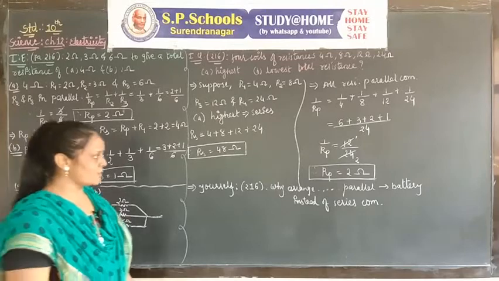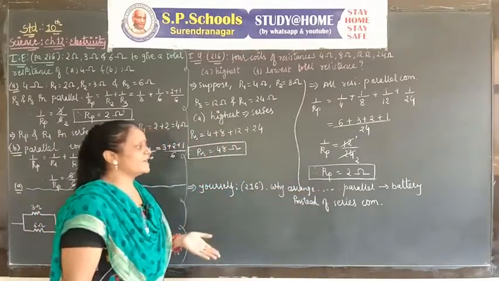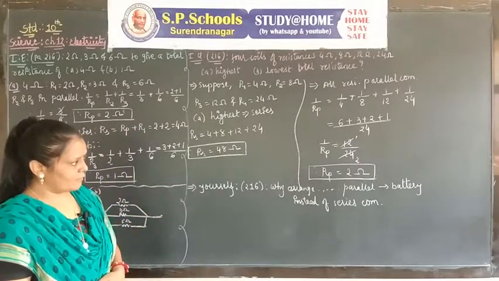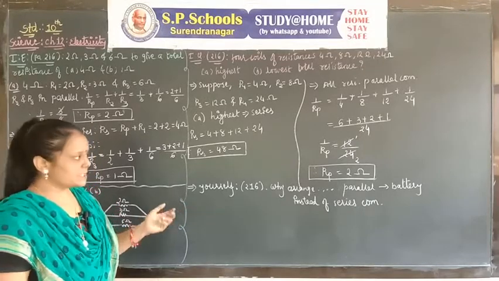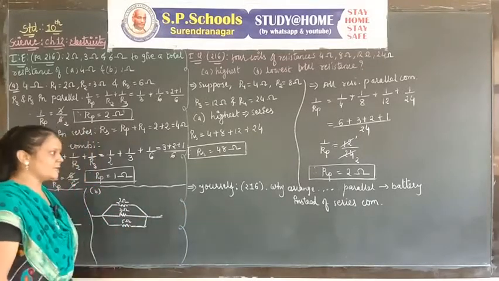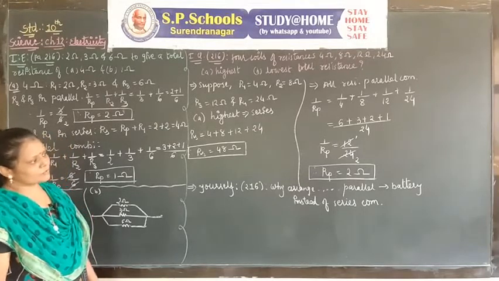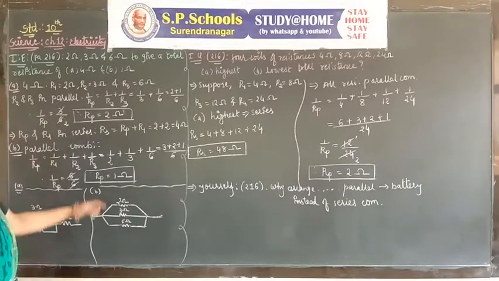In series combination, all devices stop, but in parallel combination, if one device is stopped, another device can work. We can also have a separate on or off switch in parallel combination. The points are so easy, so you can write them yourself.